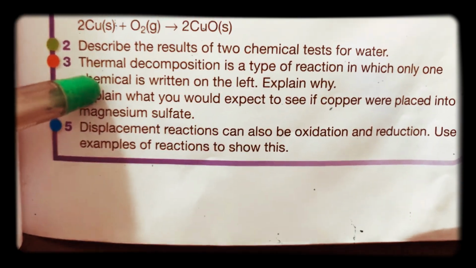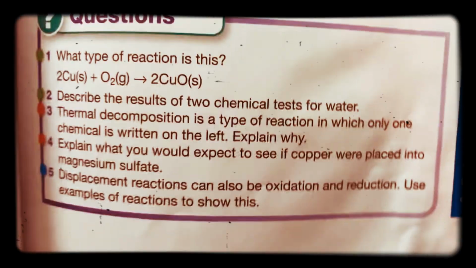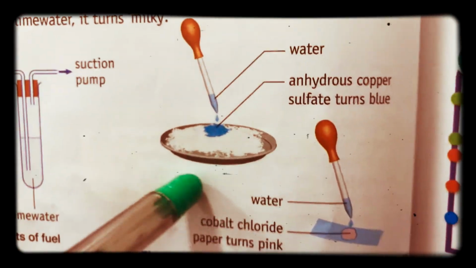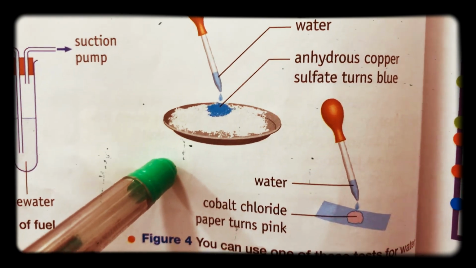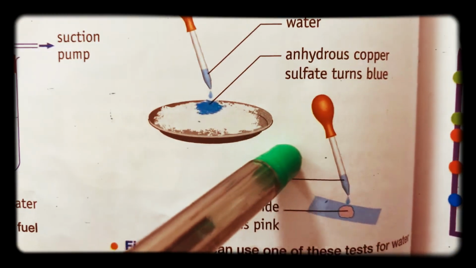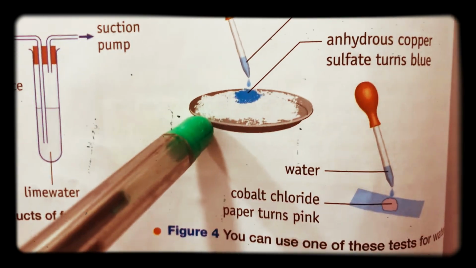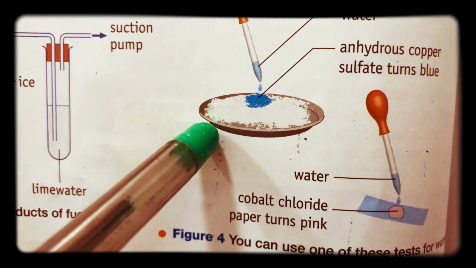Right, question number 2, describe the results of 2 chemical tests of water. I forgot to mention this, the 2 chemical tests were actually covered in a quiz during our distance learning. One way of testing it is by using anhydrous copper sulfate, which is white.